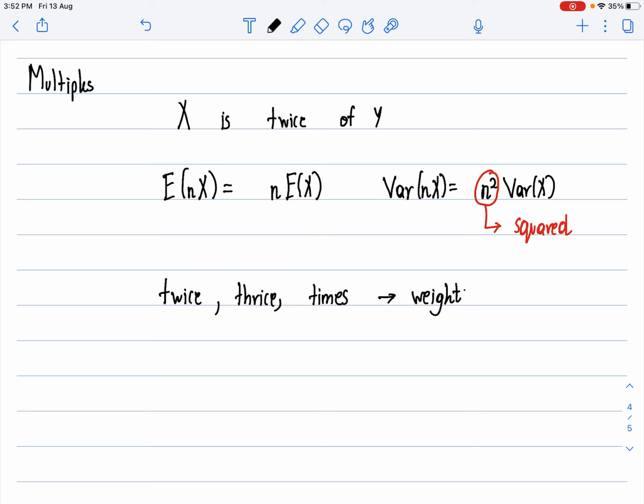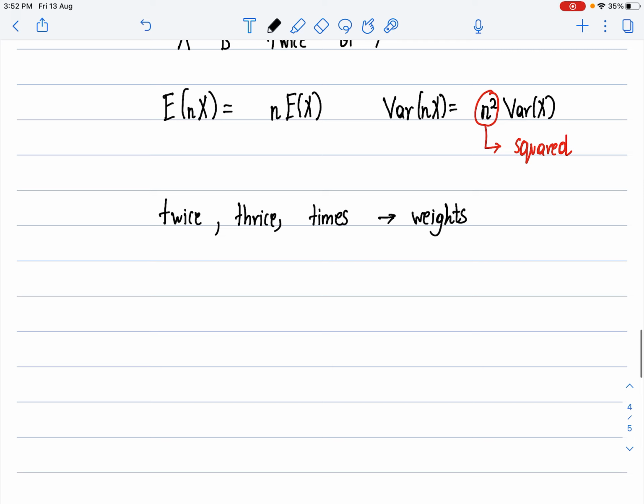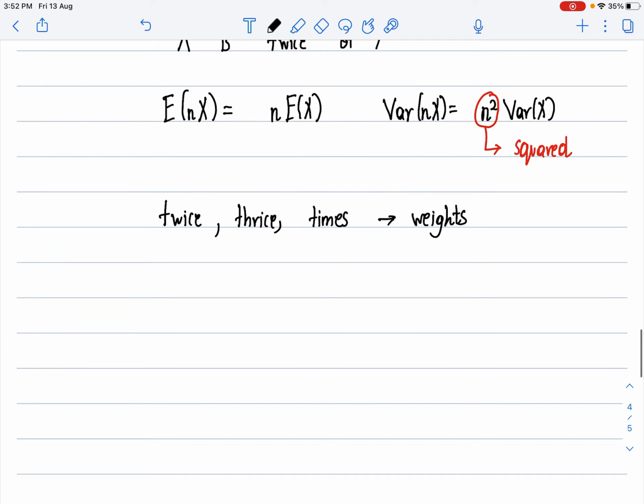Later, when we do other videos like normal distribution in linear combination of random variables, which is the last concept we learn, these are stepping stones to that concept. They'll ask you to calculate the probability of x being more than twice of y. Here you need to know that this 2 is a multiple, and not independent.